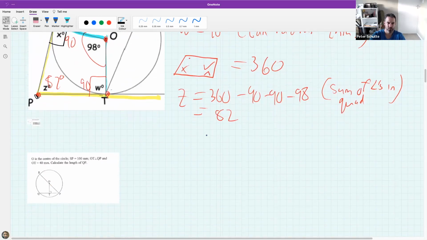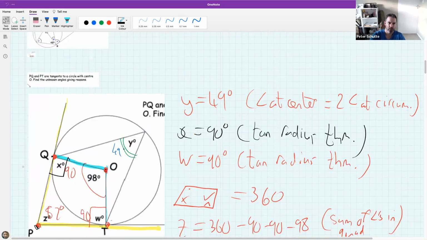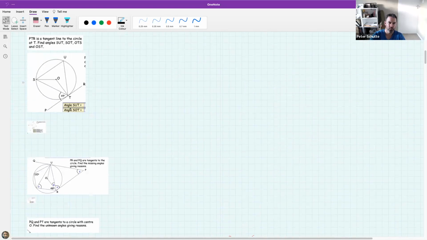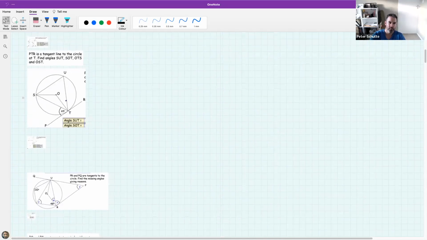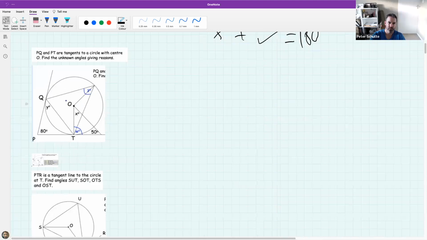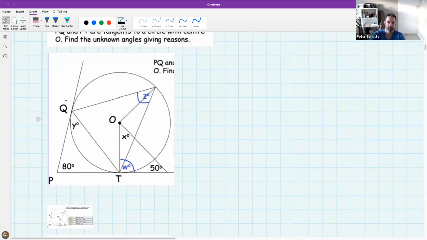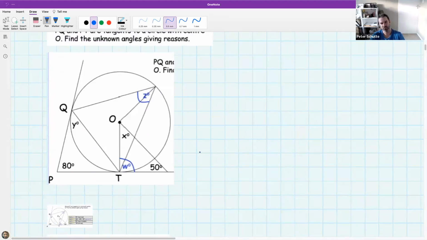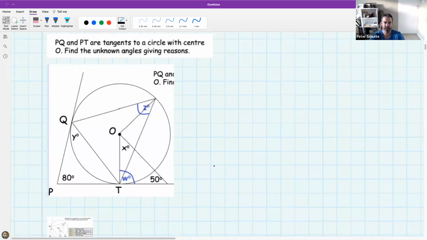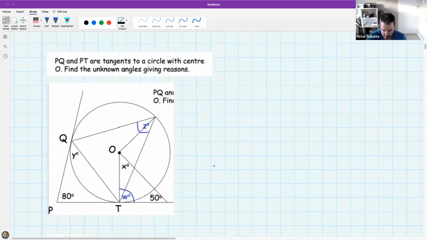Okay, let's see, we've done that one before. Have we done this one? I don't think we've done this one. Can we try and figure out the unknown angles in this situation? And then we're going to go on to an exam type question.